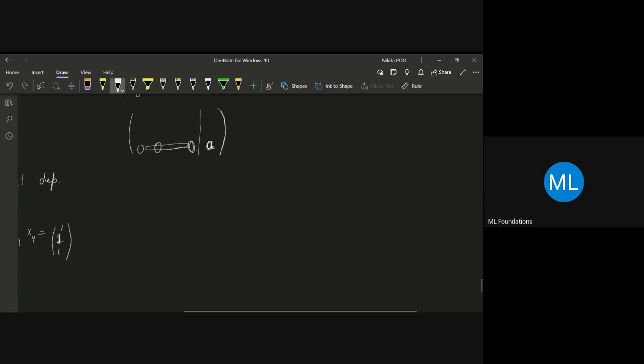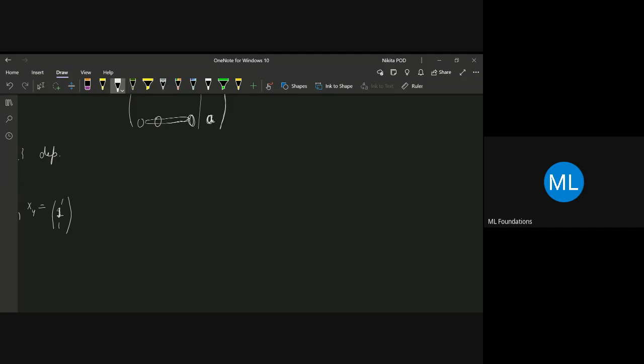How do you find the row space? Let's say I've given you a matrix A. The row space is the column space of A transpose.